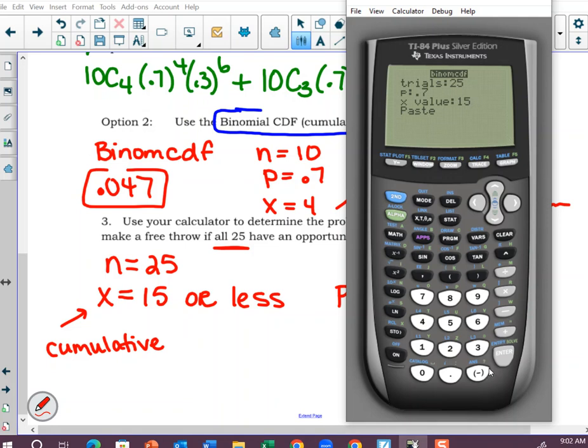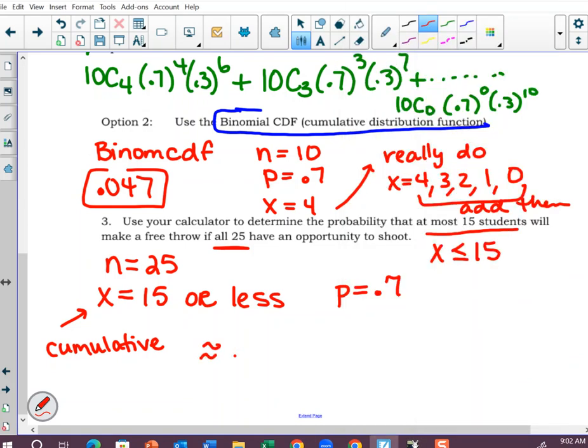So 15 or less successes. And if you do that right, it's going to be about 19%.